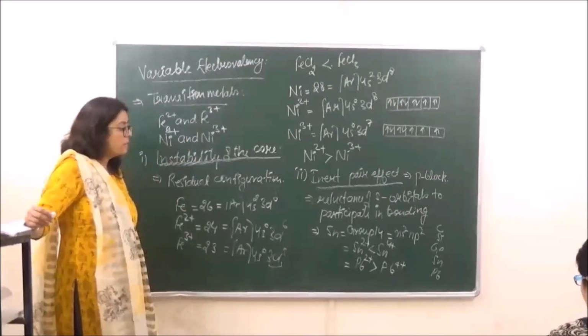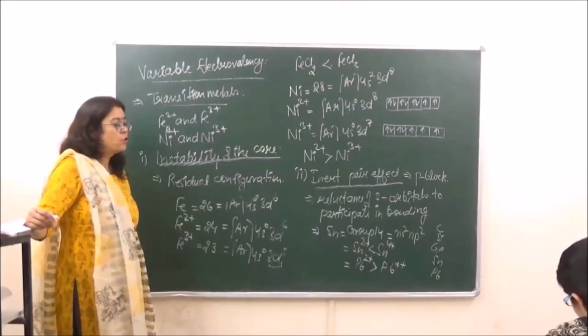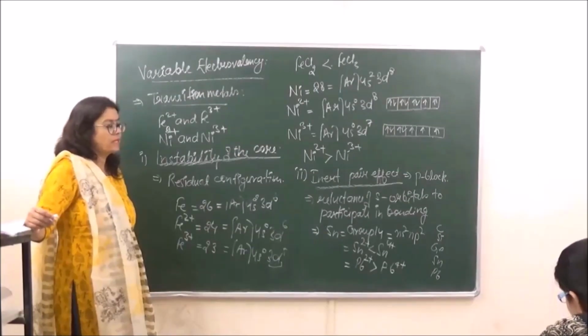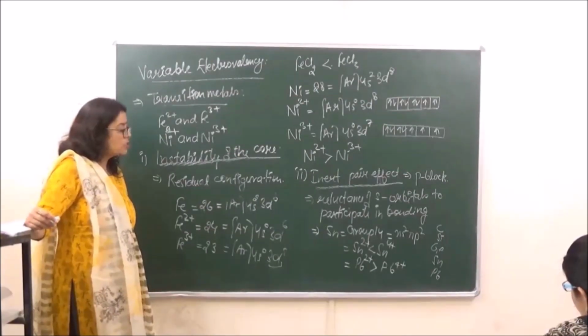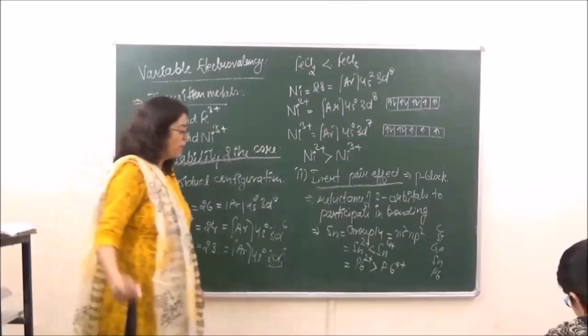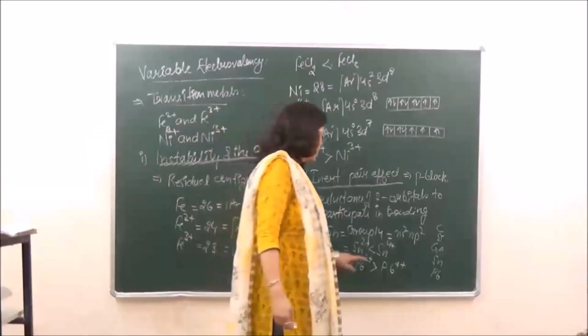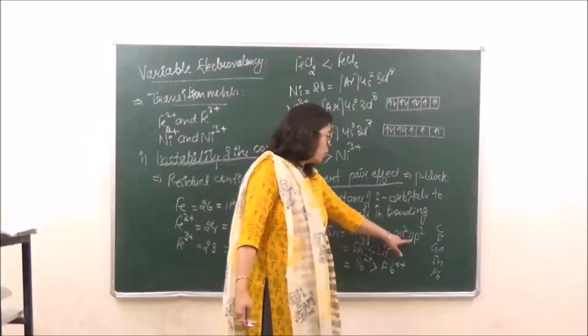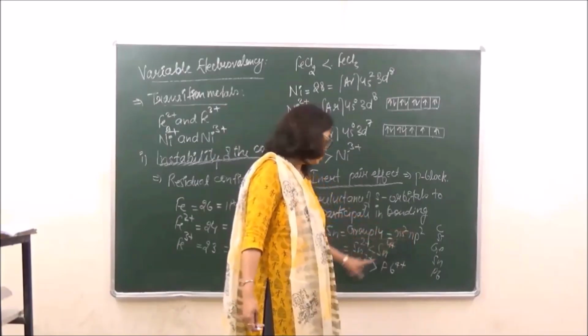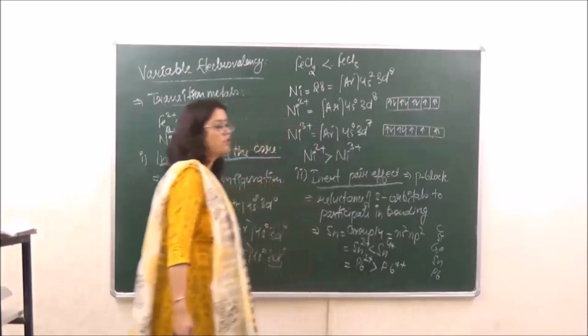So as we keep going down the group, due to the higher penetration effect, the s electrons do not participate in bonding, as a result of which lead will only lose these 2 electrons to give us a stable configuration of Pb2+.